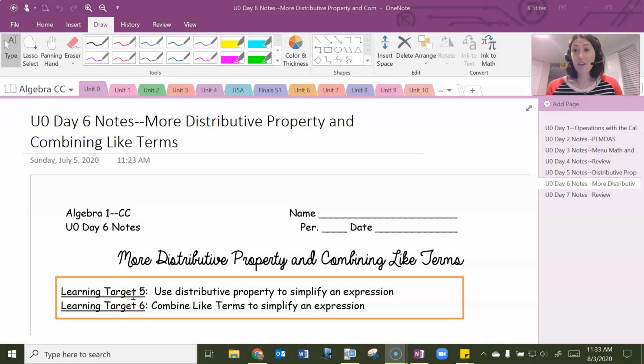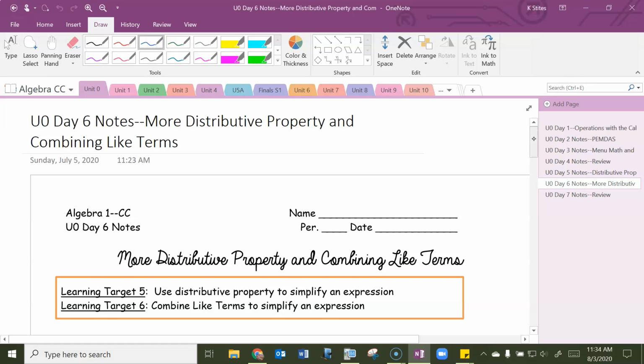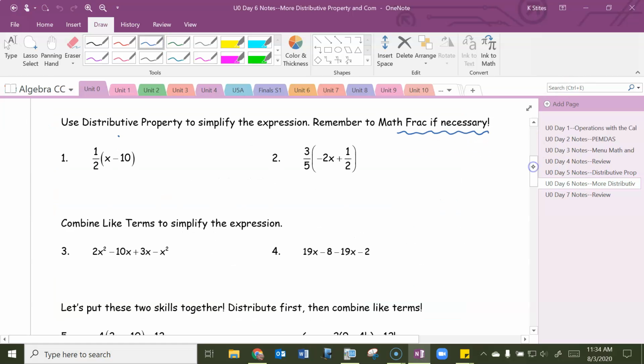Same learning targets as the last lesson, except now we're going to focus on putting these ideas together. So before we do that, we are just going to briefly review distributive property by itself and combining like terms. Here we distribute, or multiply, our outside number to each inside number. 1/2 times x is just 1/2 x.